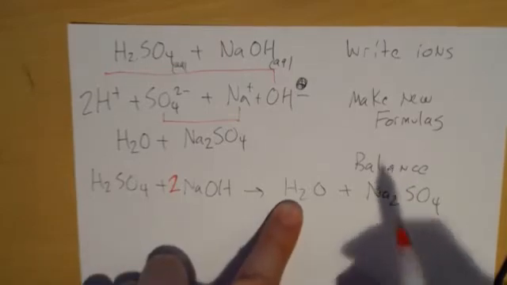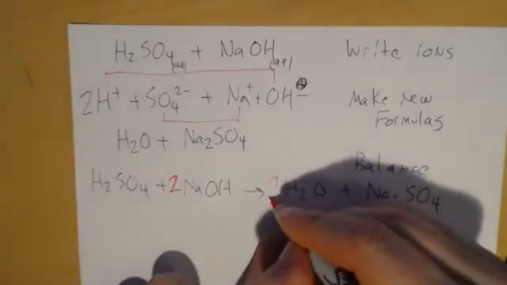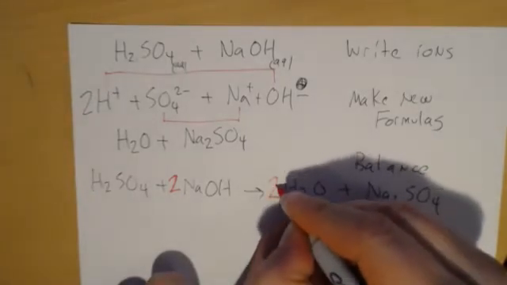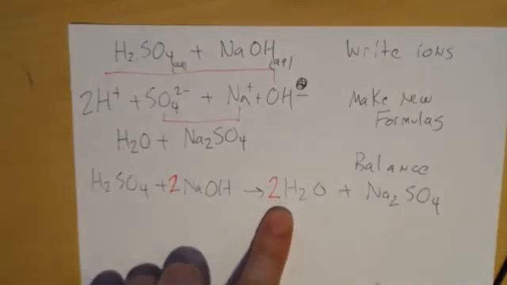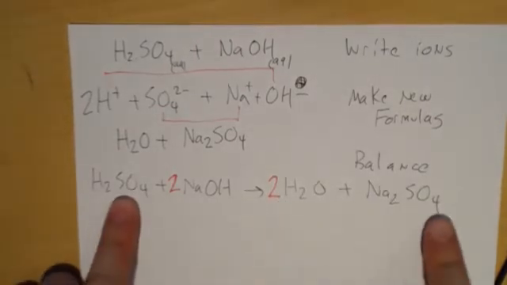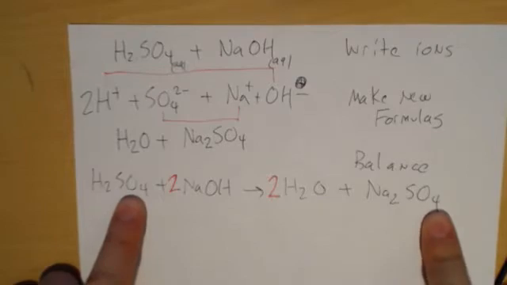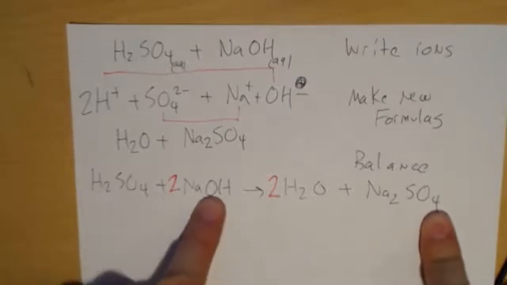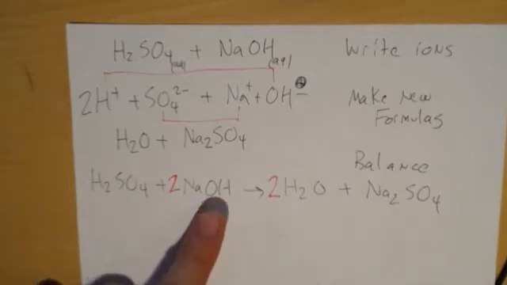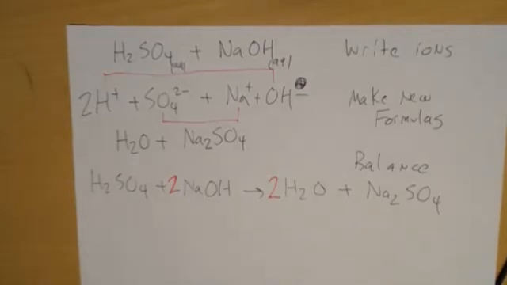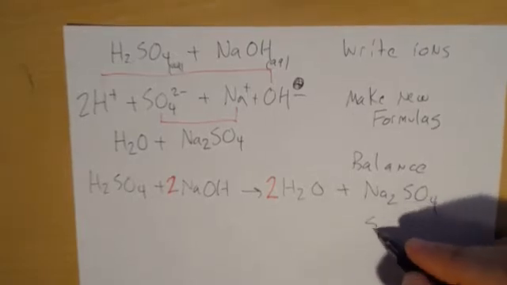Need to add 2 in front of the water. Perfect. And so now I have 4 hydrogens, and then oxygen. So actually the sulfate oxygens have already been counted, 4 and 4. Over here I have 2 oxygens, and here I have 2 oxygens. So this is balanced.